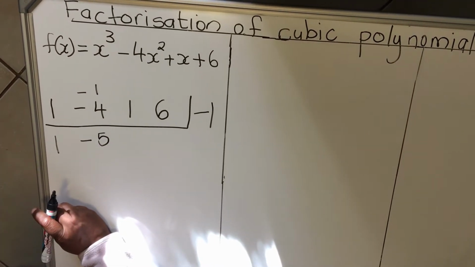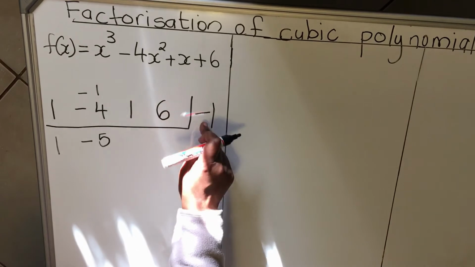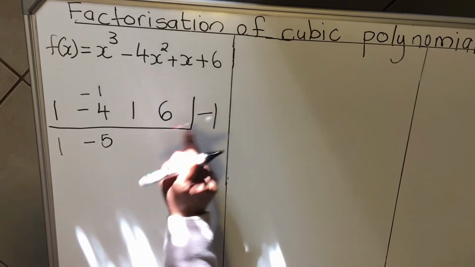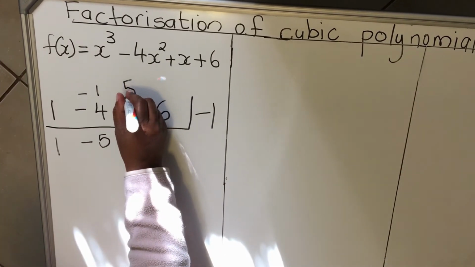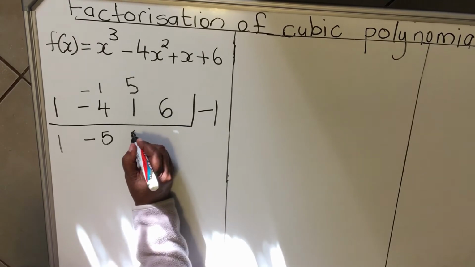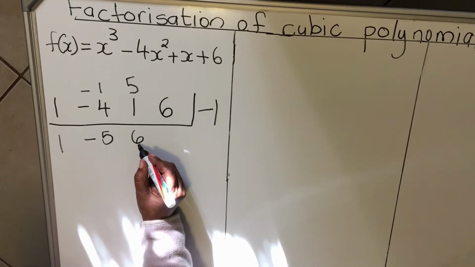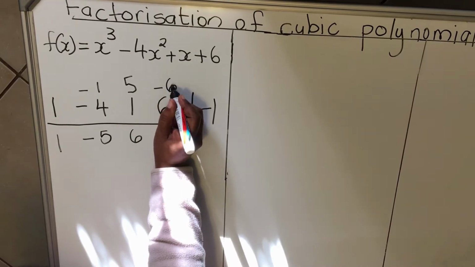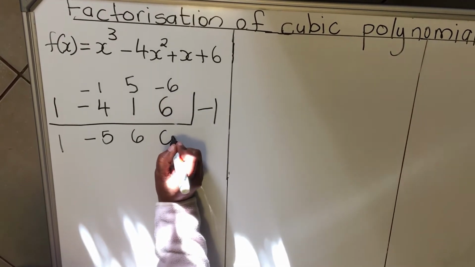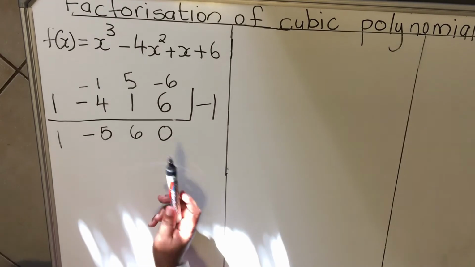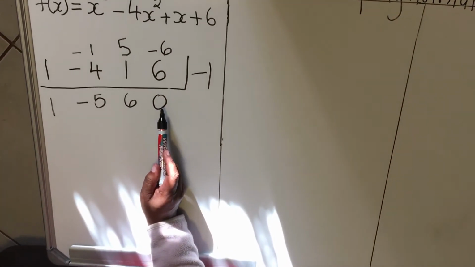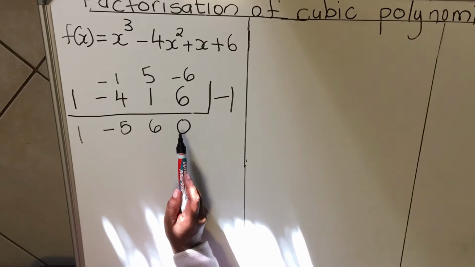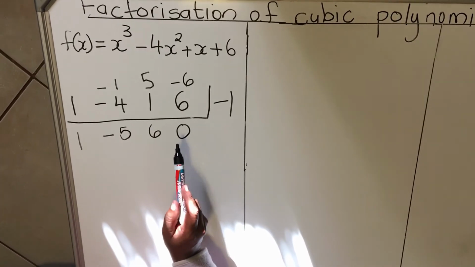Then you multiply: minus 5 multiplied by minus 1 gives 5. 5 plus 1 gives 6. 6 multiplied by minus 1 is minus 6. Minus 6 plus 6 gives 0. Very important: in the last term, you must always get a 0. If you don't get a 0, you made a mistake somewhere, so go back and check.